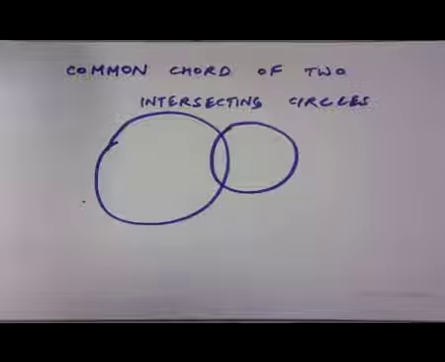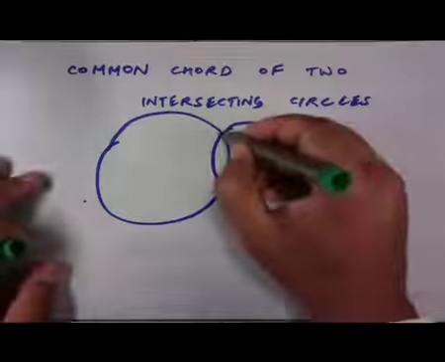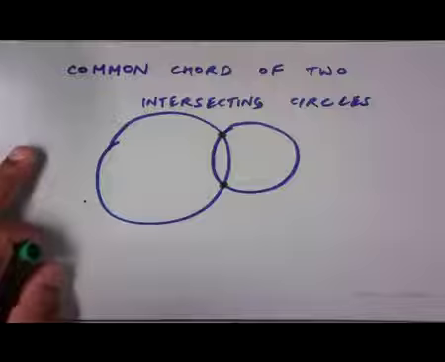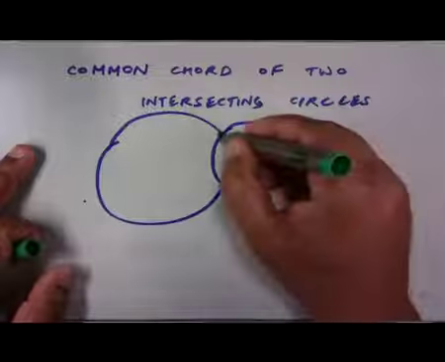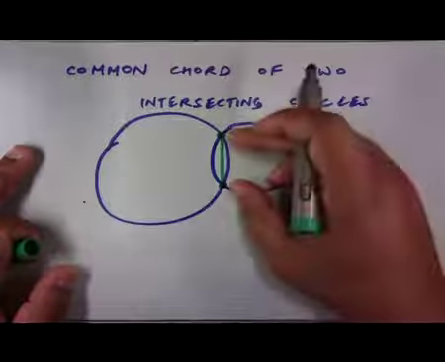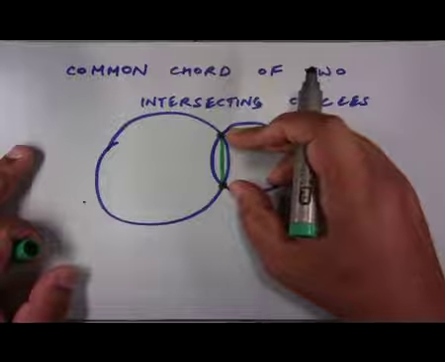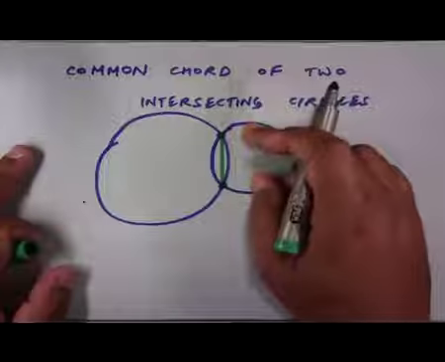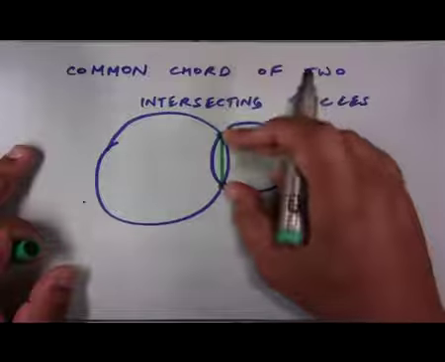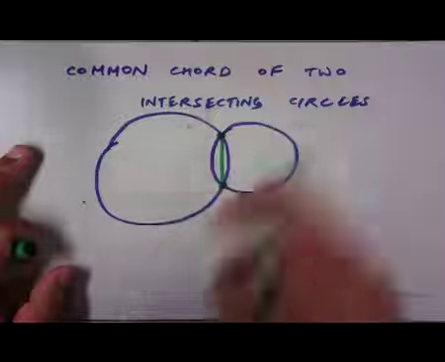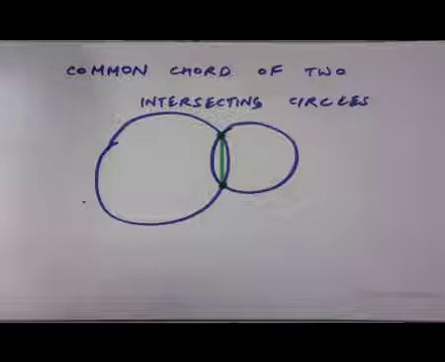So, when we have two intersecting circles, we have 2 points where they will be intersecting each other, and if we join these 2 points by a straight line, this line segment is a chord for the first circle as well as for the second circle, and that is why this chord is called a common chord of these two intersecting circles.